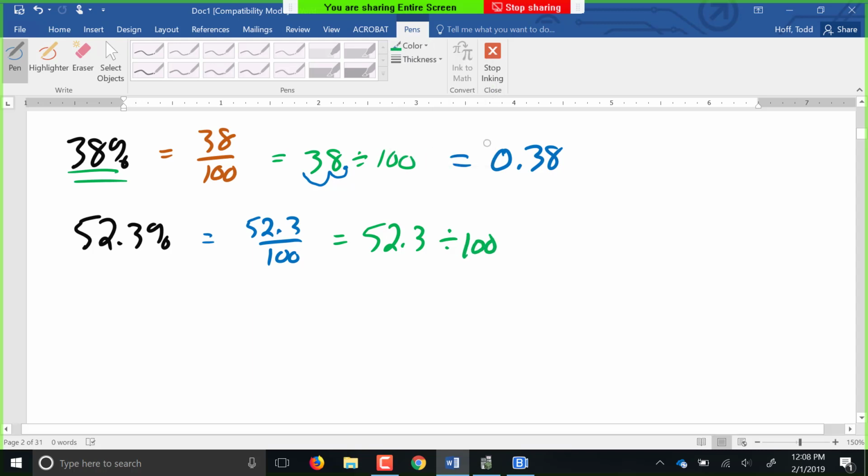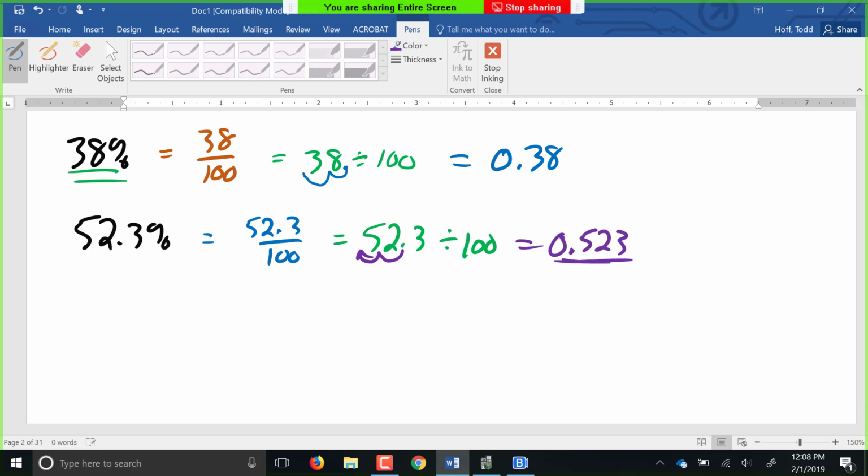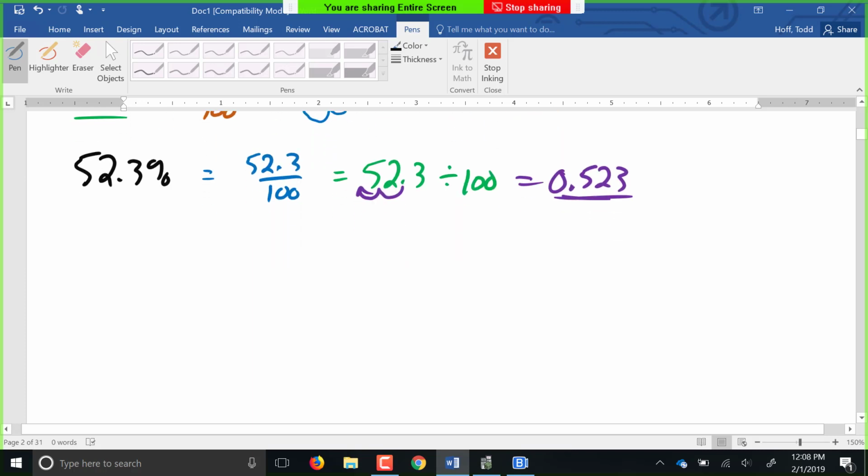And when we divide by 100, it just moves that decimal point over 2 spots. So 0.523. So anytime we need to change a percent into a decimal, it is simply going to be dividing by 100 or moving the decimal point. So you guys help me out. 80% as a decimal is going to become what?